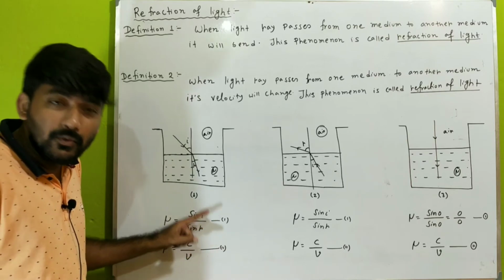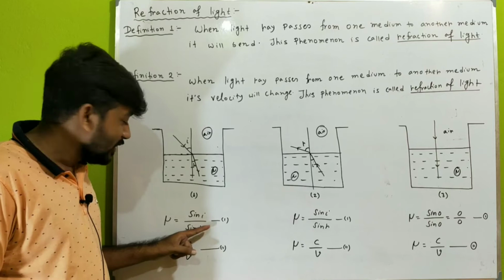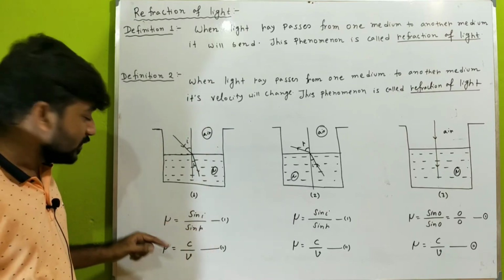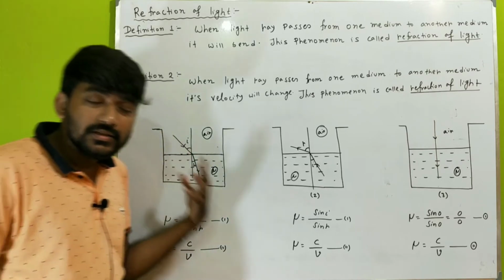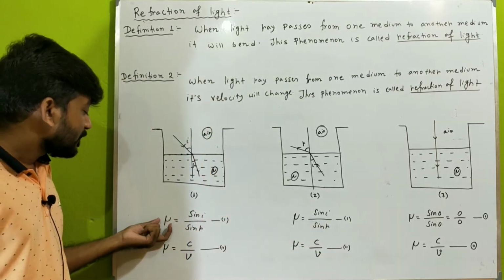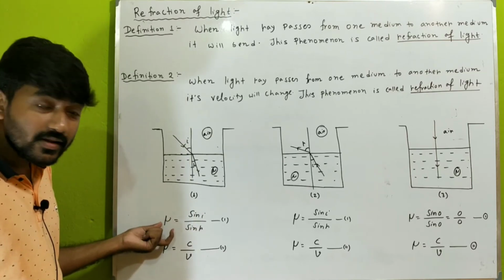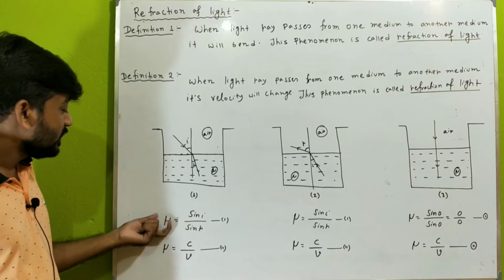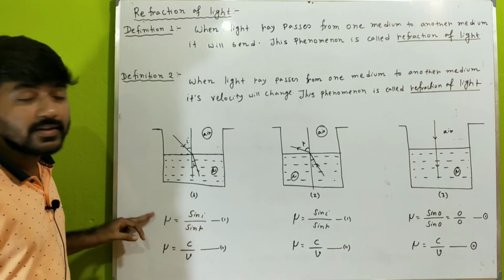This is the outcome, that if we take the ratio of sin i by sin r, then it will give the refractive index of the denser medium with respect to the rarer medium, or the rarer medium with respect to the denser medium, and if we take it as r, then it is an absolute refractive index. So in that case mu is equal to sin i by sin r. But this is not actually the definition of mu.